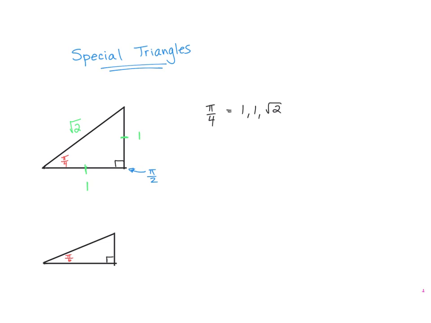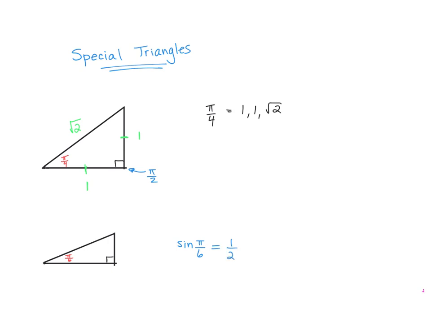Our pi by 6 triangle, so we have a pi by 6, a pi by 3, and a pi by 2 triangle. If we were just to play around with our calculator for a minute, and type in sine of pi by 6, and again our calculator would be in radians, I would get a ratio of 1 over 2, or a value of 1/2.